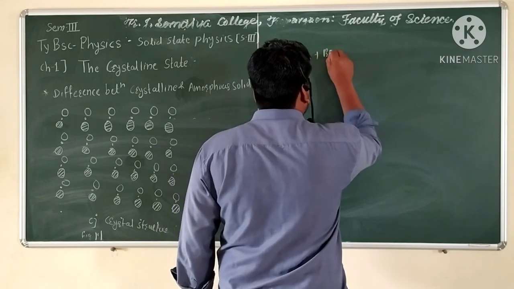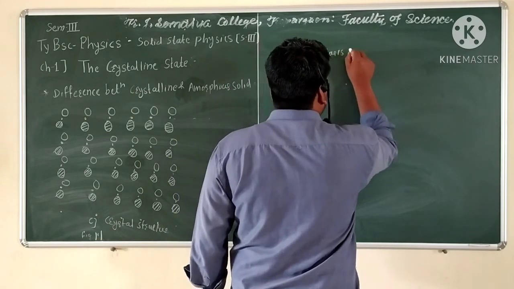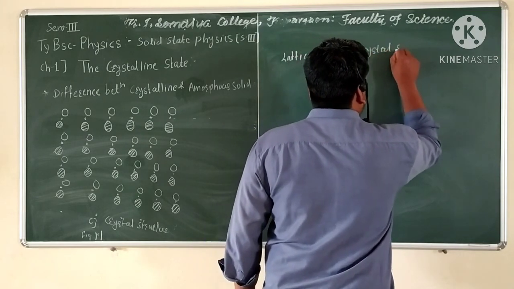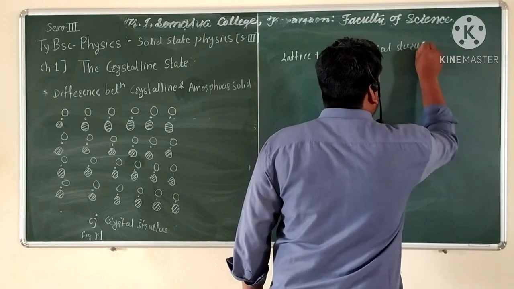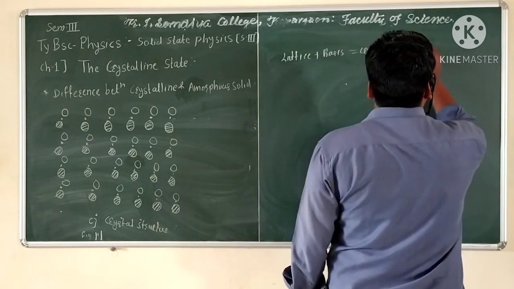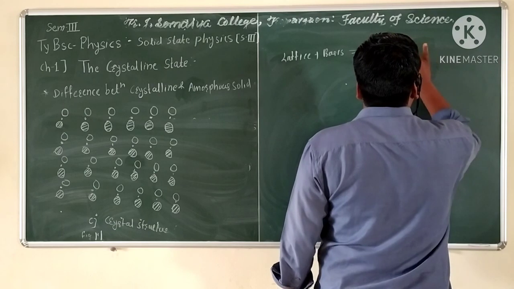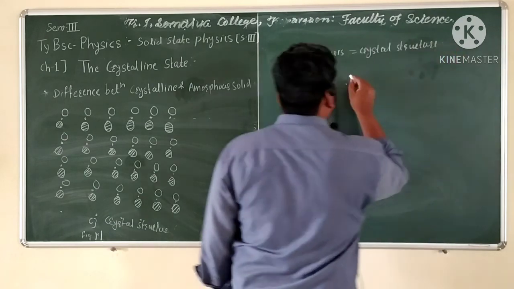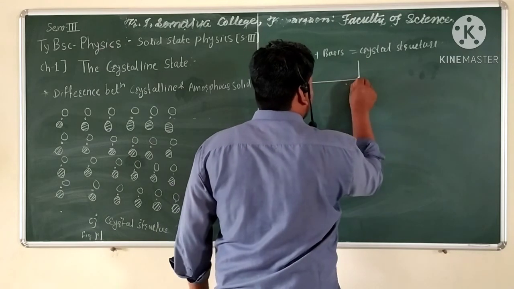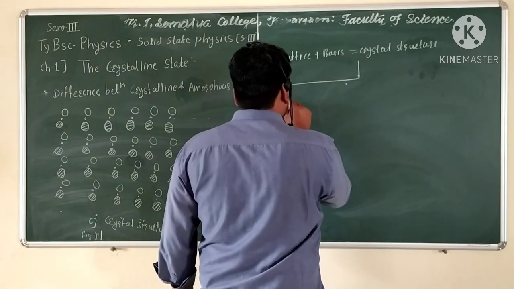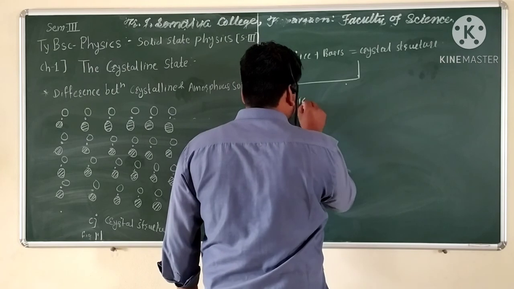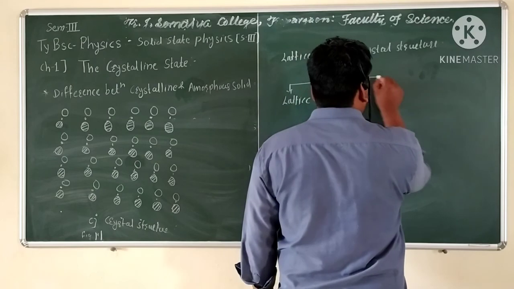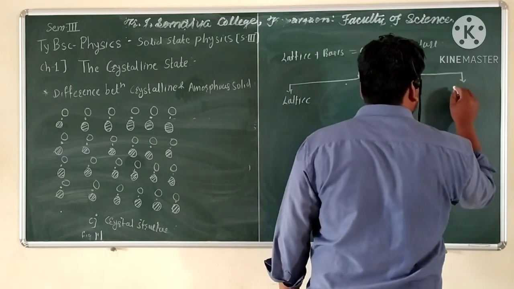Lattice plus basis is equal to crystal structure, and the crystal structure is considered as two points: the lattice, and the next point, the basis.